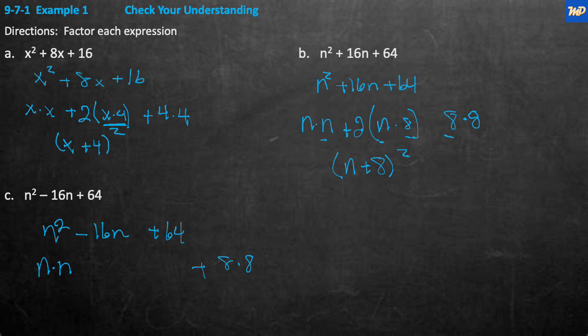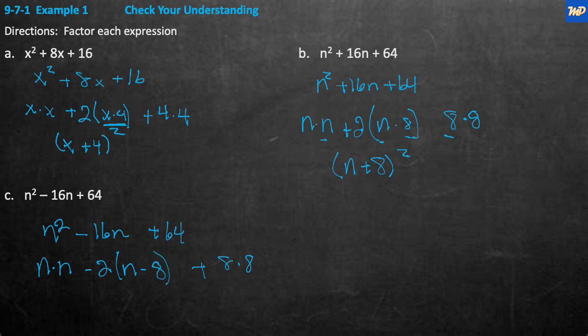And now I'm going to look at this and, oh yeah, of course I can factor a 2 out. So I'm going to say minus 2ab. And what are the a and the b? The a is the n, and times, what is the b? It's an 8.